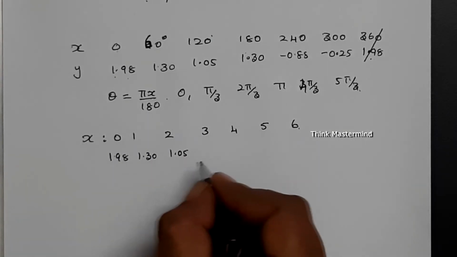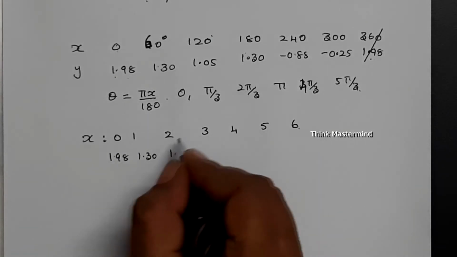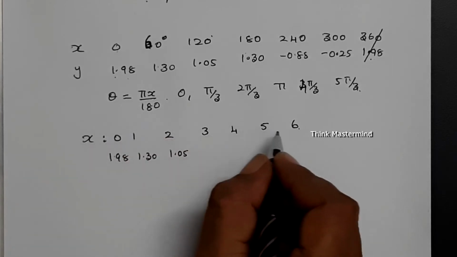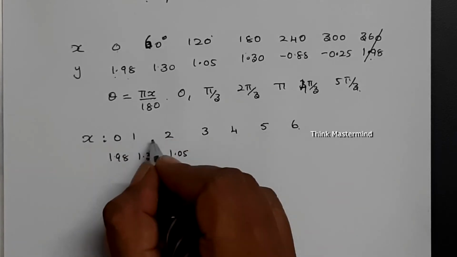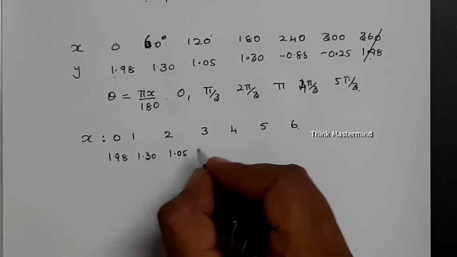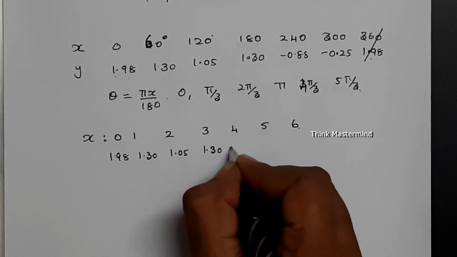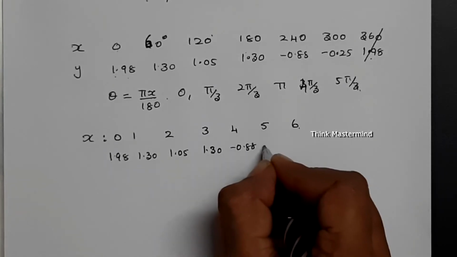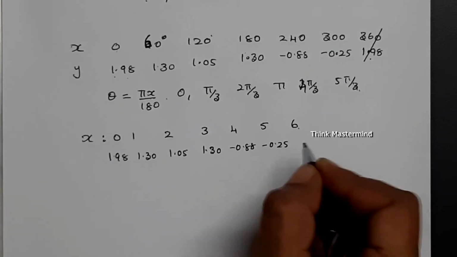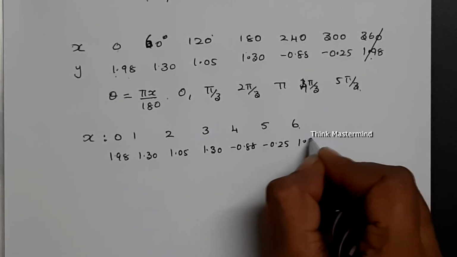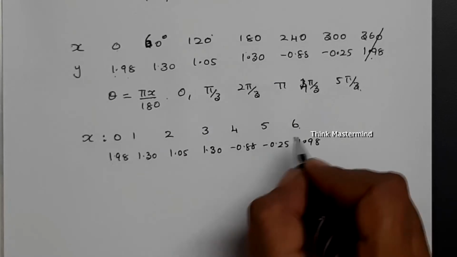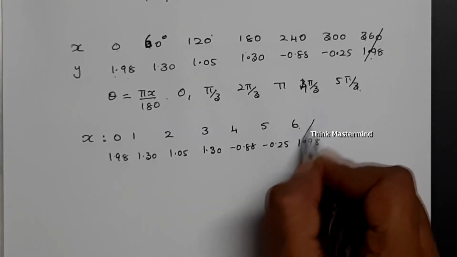The 5 value may be changed. So here I am taking the previous problem as an example, only changing the value of x, in a different form, that is 1.30, minus 0.88, minus 0.25 and 1.98. Again your y values are the same first and last, so you ignore that.